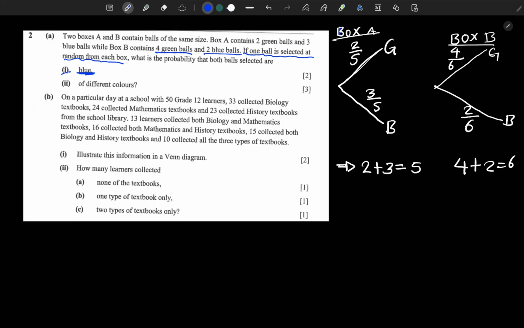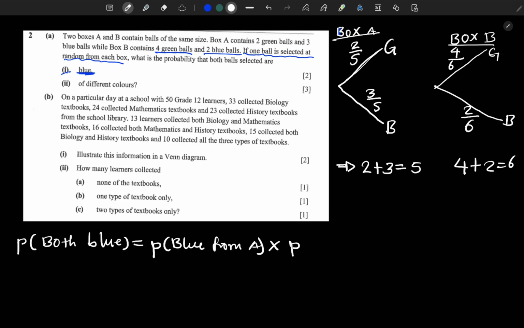So we are going to say, Roman number 1, probability of both blue is equal to the probability of blue from box A, and since we have both, it's multiplied by blue from box B. So this is the concept that was needed.